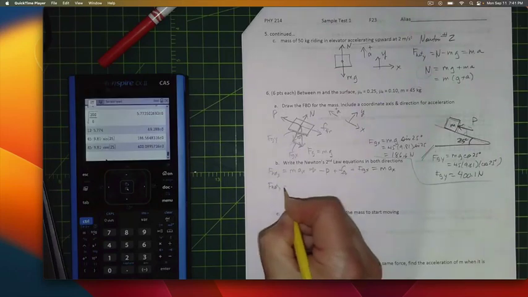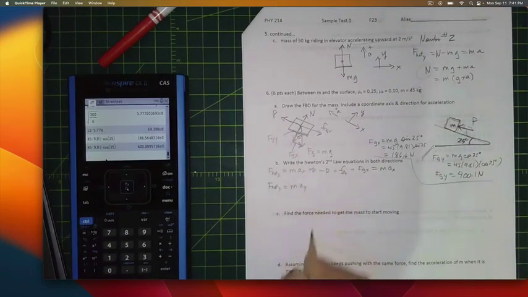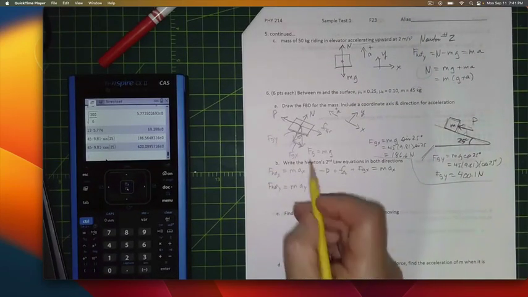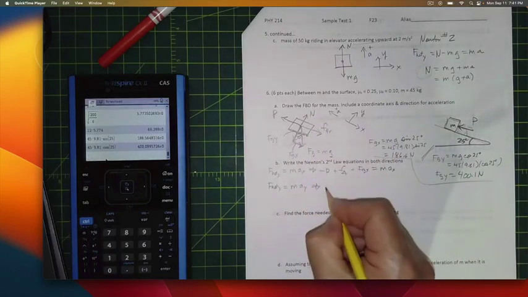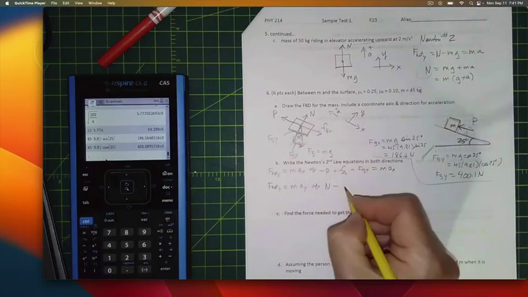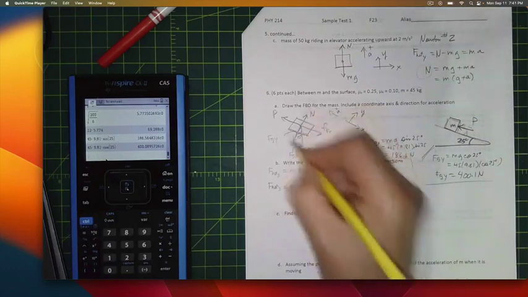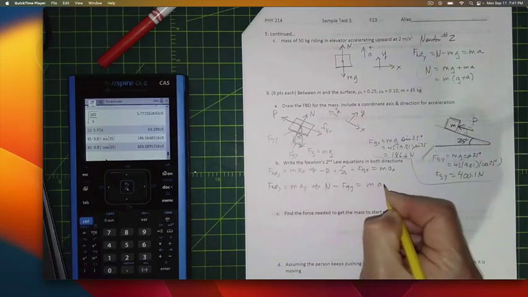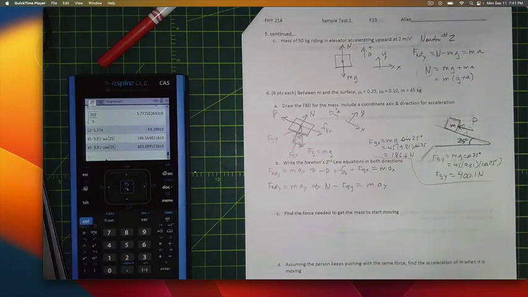F net in the y direction is going to be ma in the y direction. Looking in the y direction, we have normal force is positive, and then we have negative part of gravity, Fgy, and that's going to be equal to mass times acceleration in the y direction.